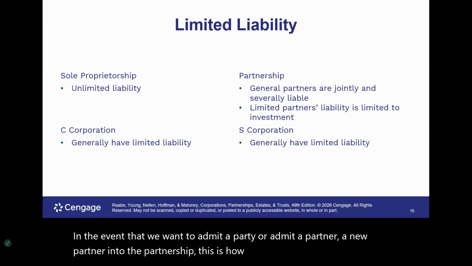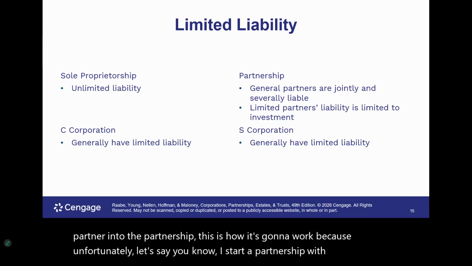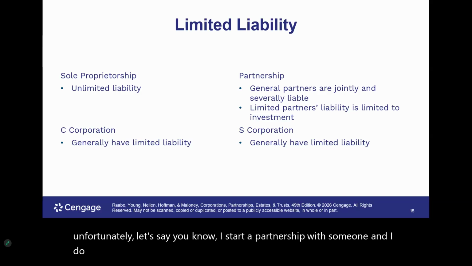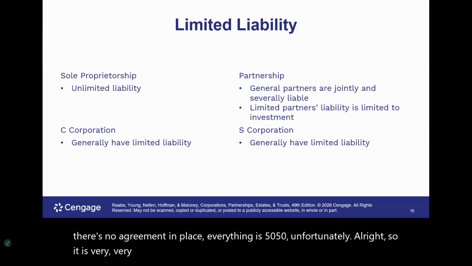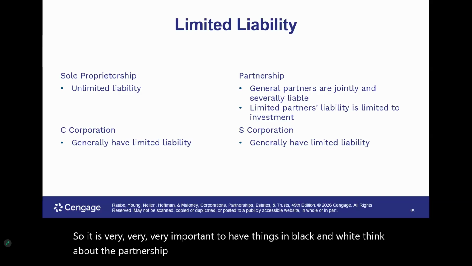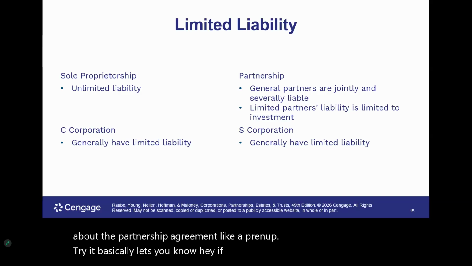Because unfortunately, let's say I start a partnership with someone and I do 70% of the work, they only do 30% of the work. If we go to court and there's no agreement in place, everything is 50-50, unfortunately. All right. So it is very, very important to have things in black and white. Think about the partnership agreement like a prenup in the marriage, right? It basically lets you know, hey, if things don't work out, this is how it's going to go down.